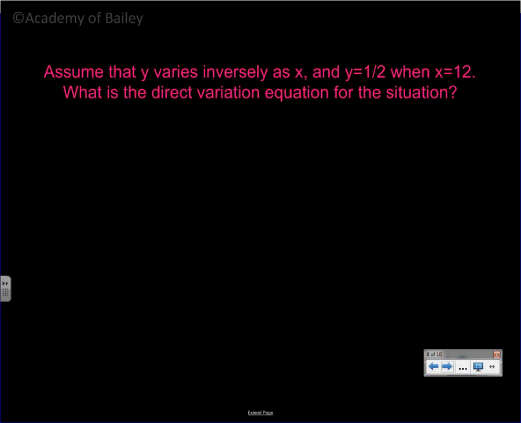What is the inverse variation equation for the situation? So go ahead and see if you can work this out and come up with the answer. I will check your solution here in one moment. Actually, you'll check your own solution.